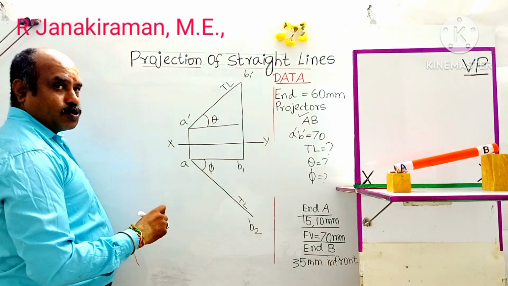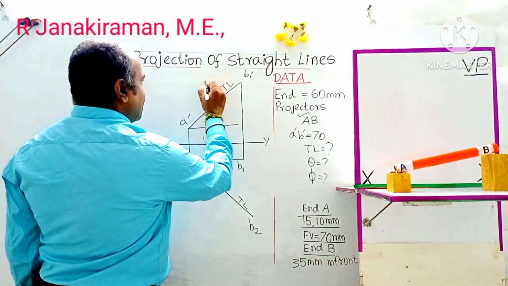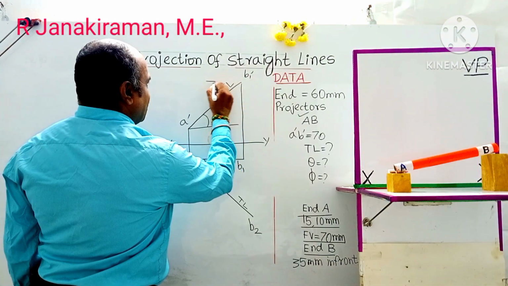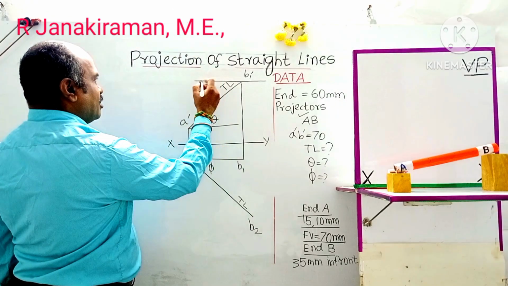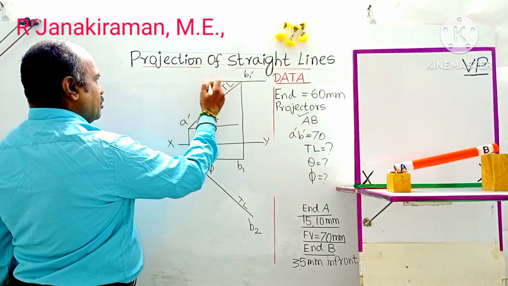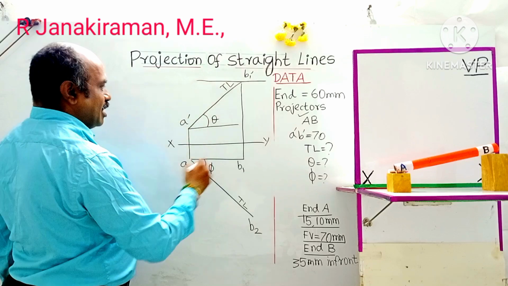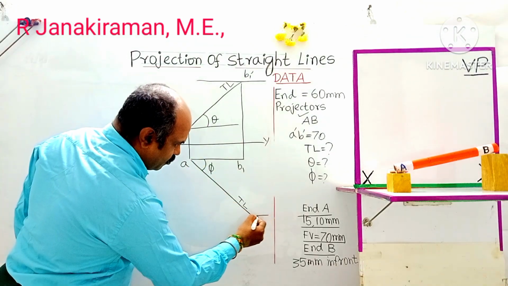Then draw a horizontal locus line passing through B1 dash. This is the horizontal locus line. Similarly, a horizontal locus line passing through B2.